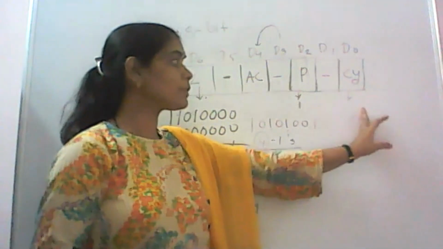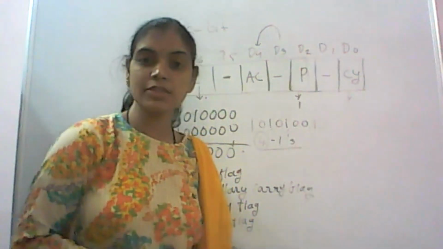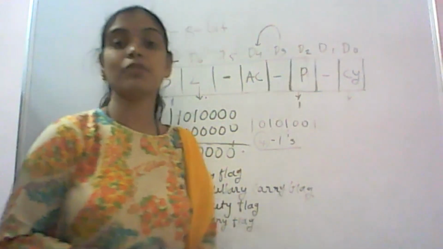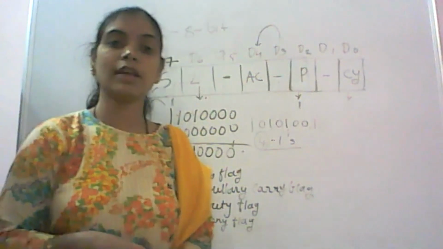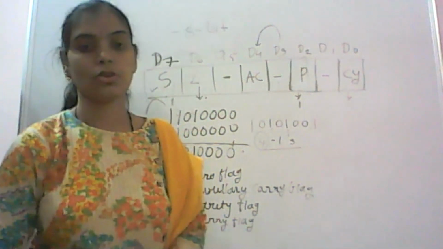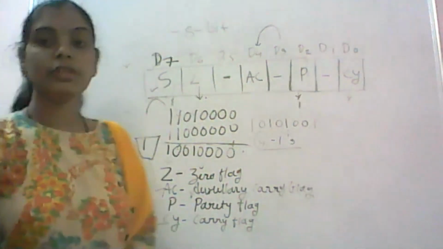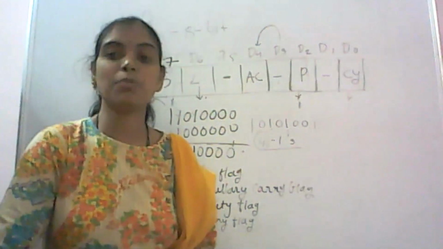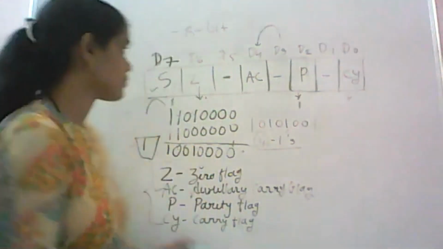Then carry flag, after D7 bit carry is generated or carry from bit position D7, that time carry flag set, otherwise reset. Okay. Now after that we see the next block, that is instruction register.